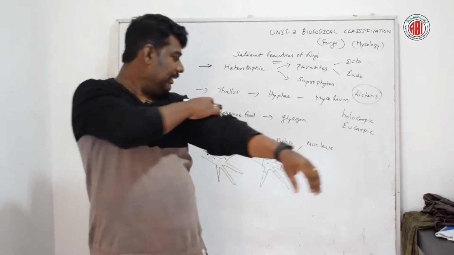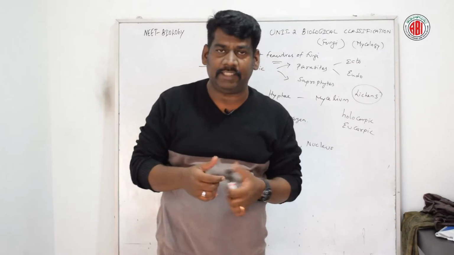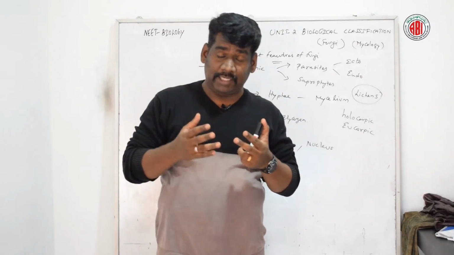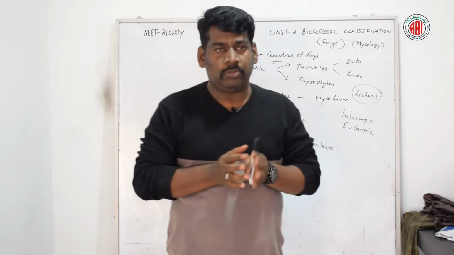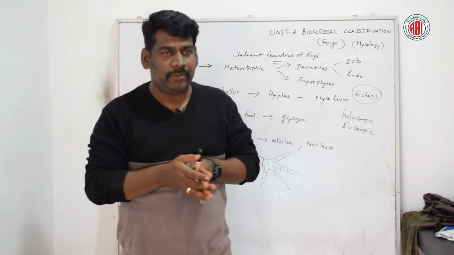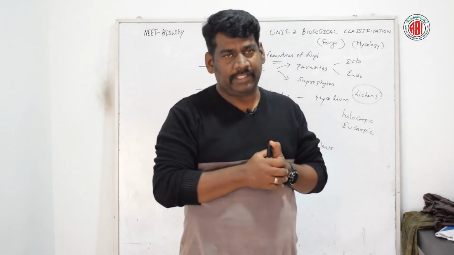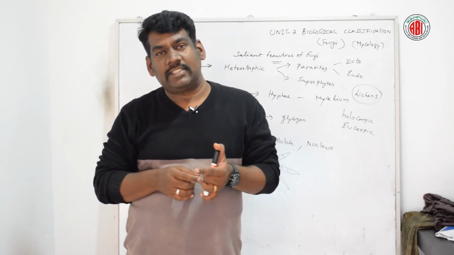And yes, next talking about the cytoplasm and cytoplasmic organelles present in the fungal hyphae, the thallus. Here the cytoplasm is granular and contains many minute nuclei called micronuclei, and these nuclei are very small and inconspicuous.